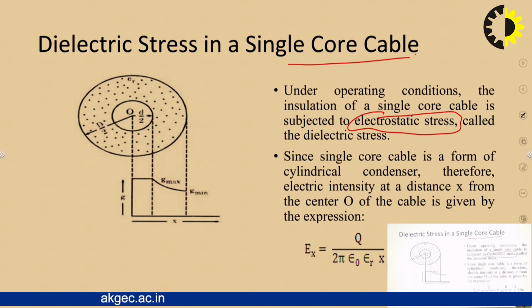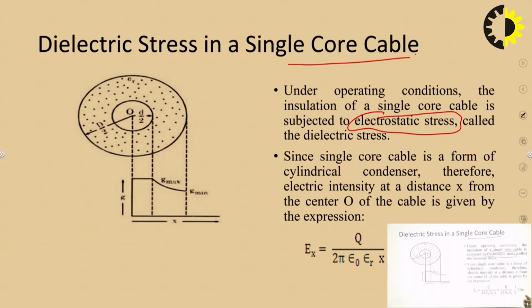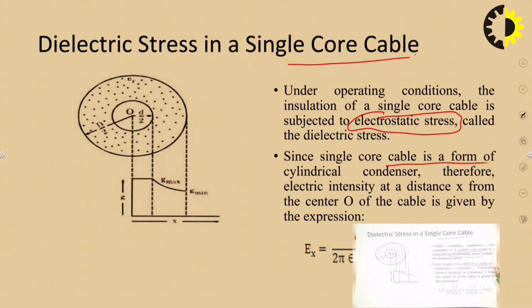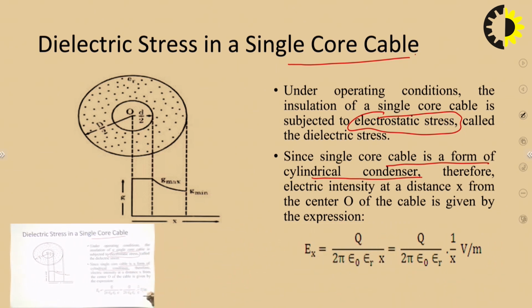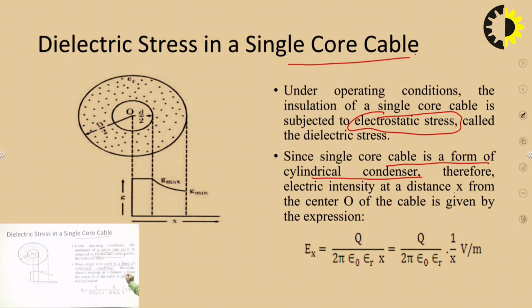If we talk about the formulation part and the design part, we will see that since a single core cable is a form of cylindrical condenser, the electric intensity at a distance x from the center O of the cable is given by the expression. We will see it in the diagram.